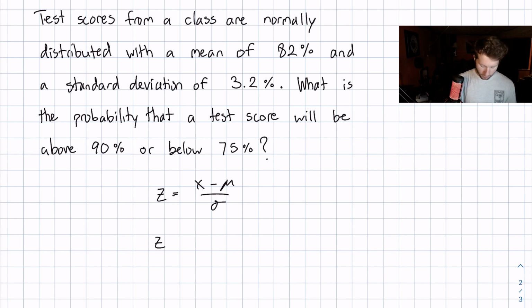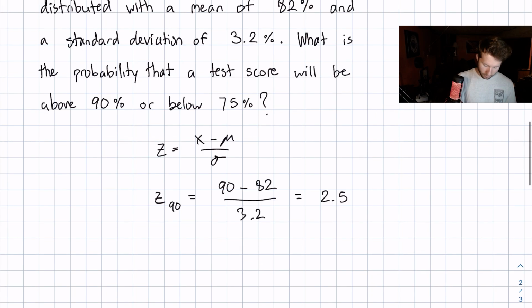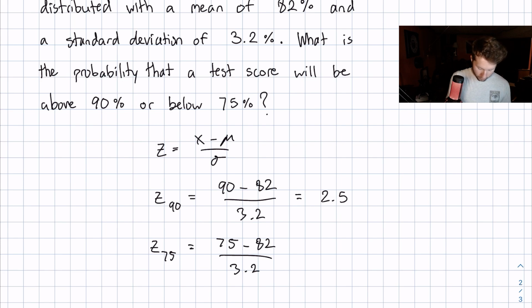First we're going to do z of the 90 value: 90 minus 82 over 3.2 gives us 2.5. Then z of 75 is 75 minus 82 over 3.2, which gives us negative 2.19. But as we'll see later, we can't use 2.19, so we're going to be using negative 2.2.